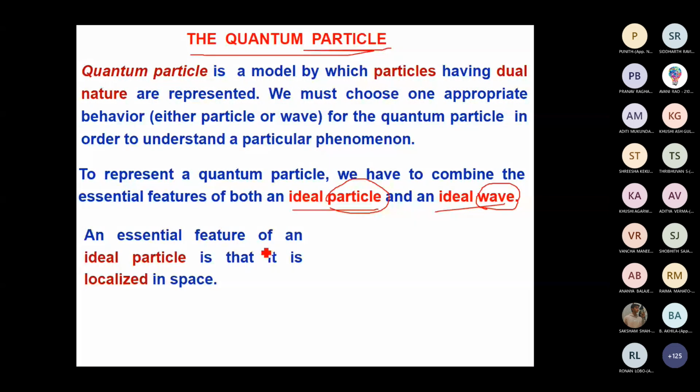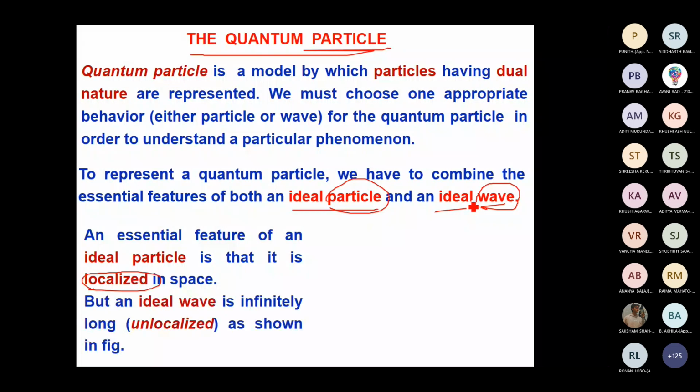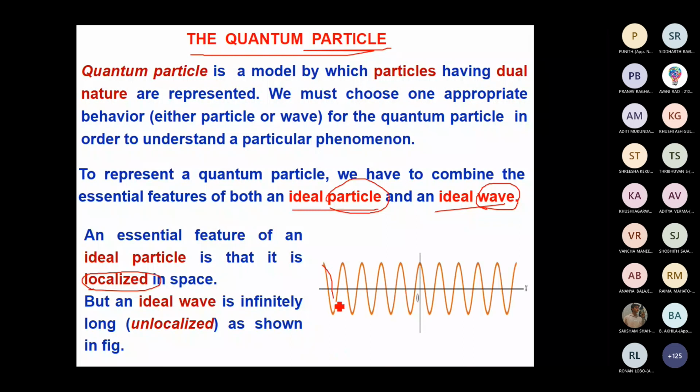Now, if you take an ideal wave, it is not localized. It's exactly the opposite. It's an infinitely long wavetrain. You can just show it over here. In this case, you can't localize it. It's a non-localized behavior. So the challenge here is to put both the features into one using a model called a quantum particle.